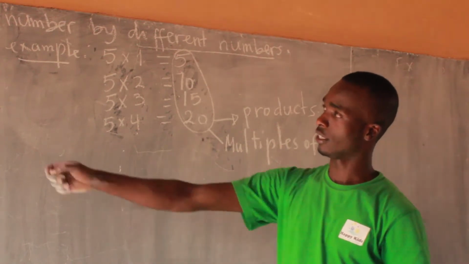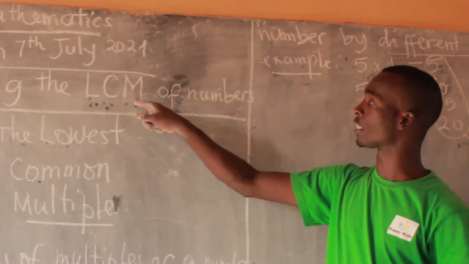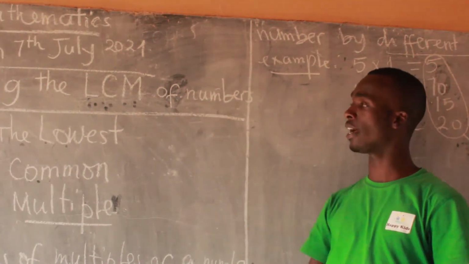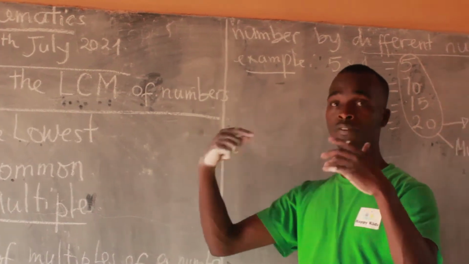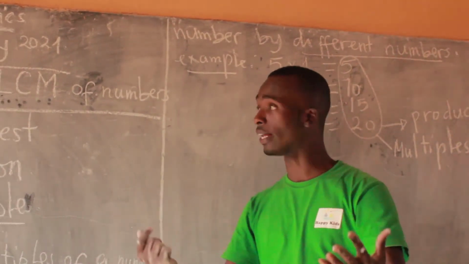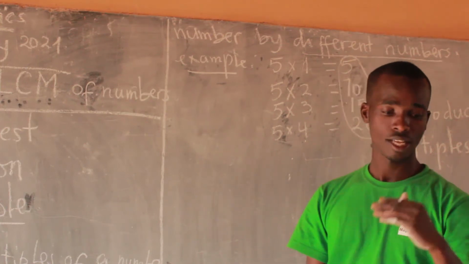Good. In our topic today, we are finding the lowest common multiple of numbers. Here, the teacher can give you different numbers, and we want to know the lowest common multiple of those numbers.